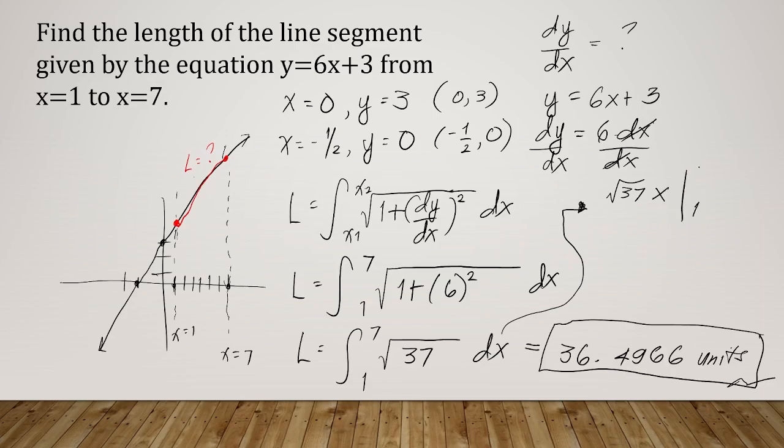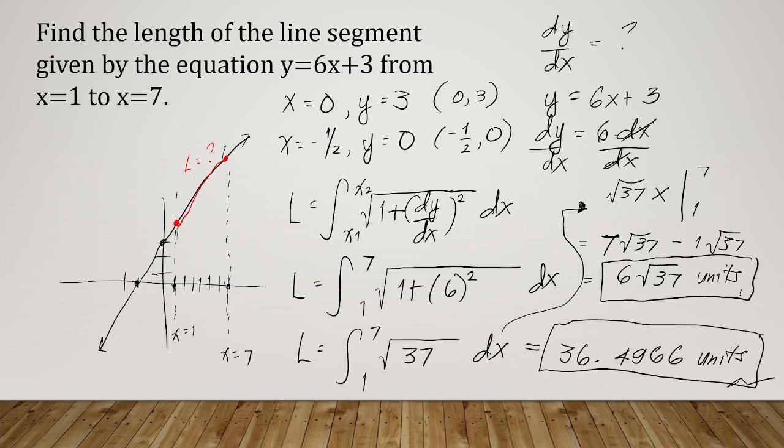So, from 1 to 7, this is just 7 square root of 37 minus 1 square root of 37. Therefore, this is equal to 6 square root of 37 units. Ayan. Pag gusto mong gawin decimal yan, gagamit ka ng approximation.